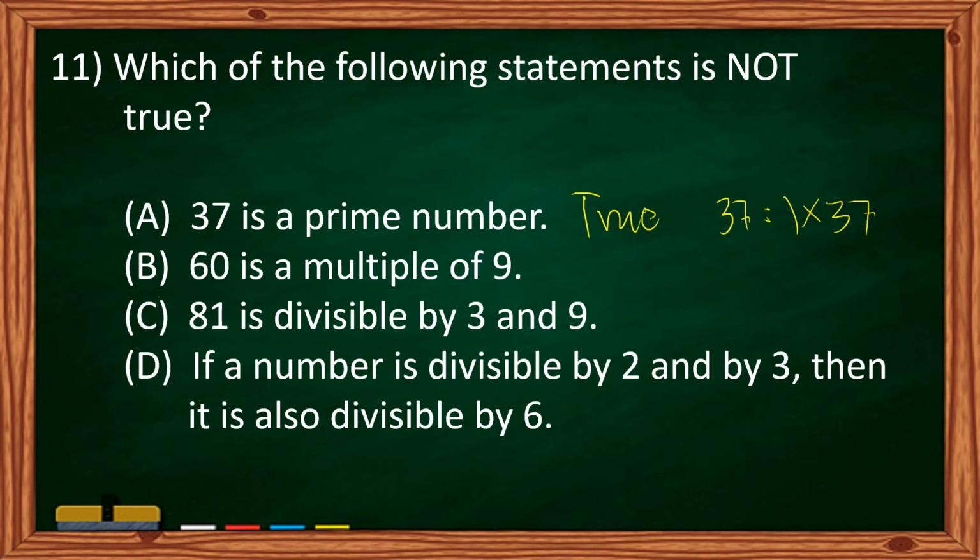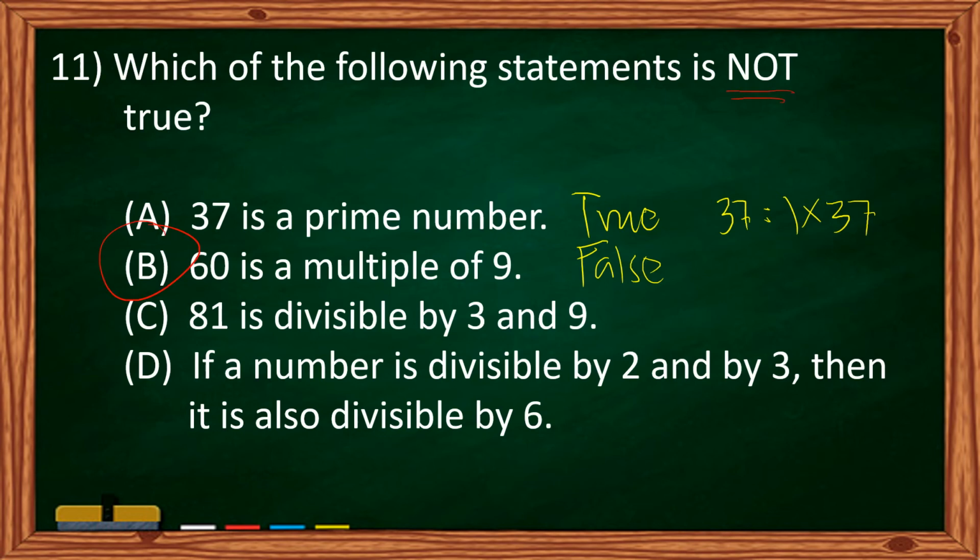The other way of saying it is 60 can be divided by 9. No, because 60 is not divisible by 9. So this is false. And I think this is now the answer because you are asked to find the statement which is not true.